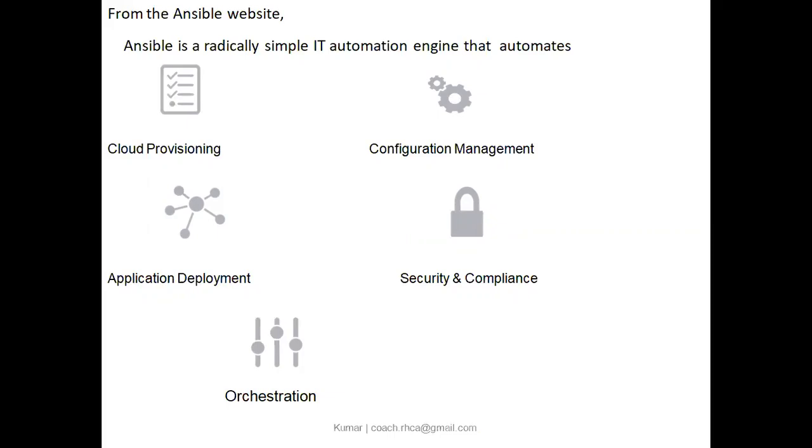If the count of your machines is in hundreds or thousands, with Ansible you can actually write a playbook and update the inventory file with all the host names where you want the changes or where you want the package to be installed. And then you can run the playbook, and it becomes very easy for you to do this task. So you're basically automating those things.